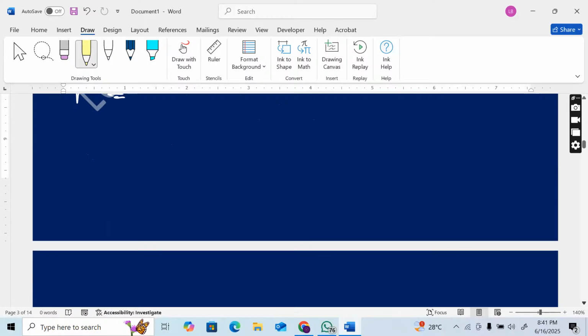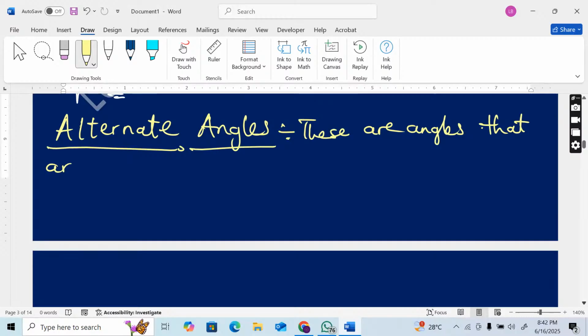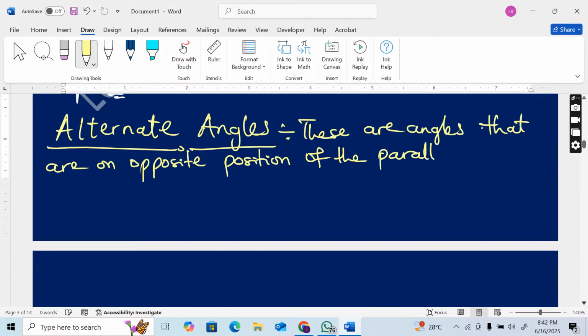Alternate angles are angles that are on opposite positions of the parallel lines.